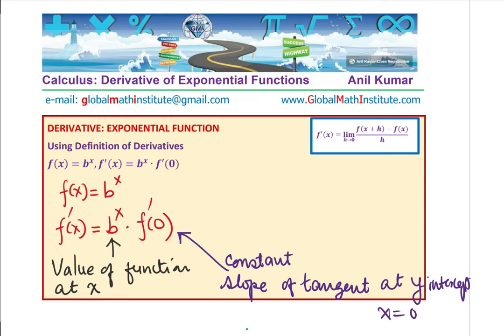Perfect. So now, what we could do is we could explore different values of b. What I'm trying to say is you can find the derivative of the function where f of x is 2 to the power of x, let's say, right? So we could do 2 to the power of x, we could do 3 to the power of x. We can explore these derivatives and find their rate of change at 0.